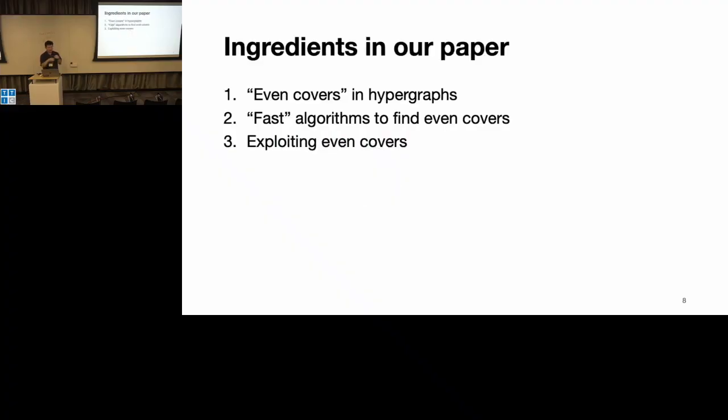All we need about the set of even covers that we find is that they're distinct. Obviously finding the same even cover over and over again is not helpful, but we don't need them to be disjoint or not overlap. We just need them to be kind of different. The reason that's enough has to do with some polynomial anti-concentration arguments in the paper: even just having one variable in each even cover that's not in all the other even covers is still enough to get some advantage, at least for the distinguishing problem. Maybe it's harder for refutation.